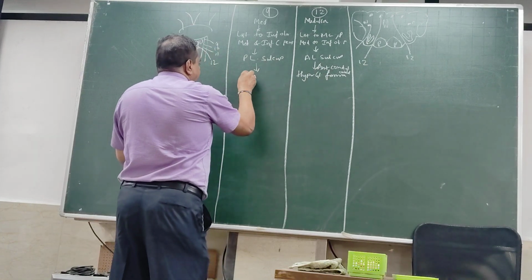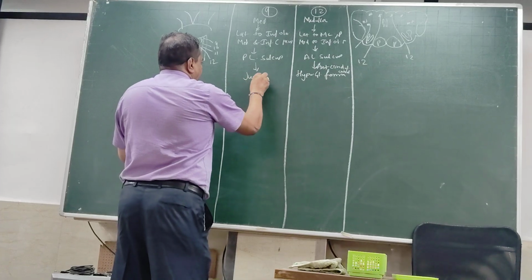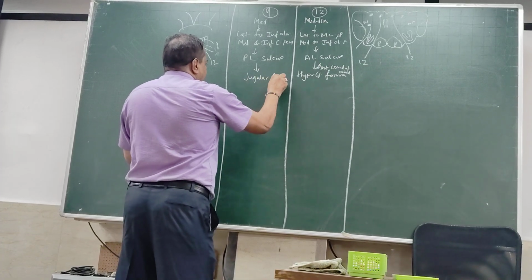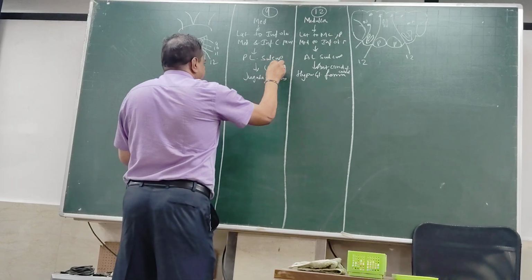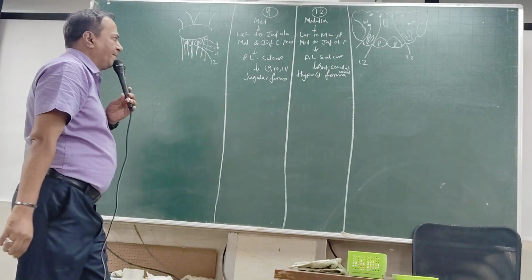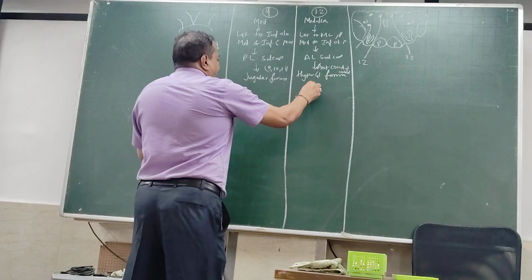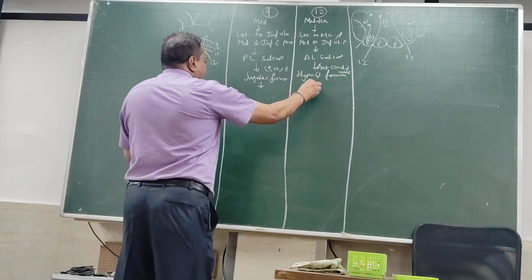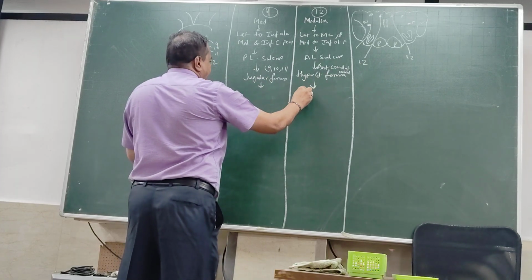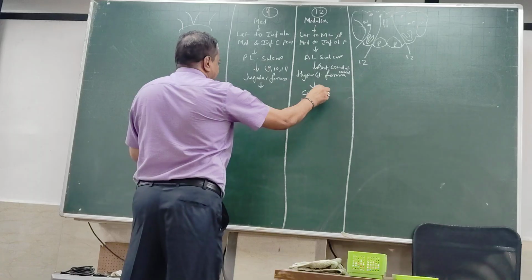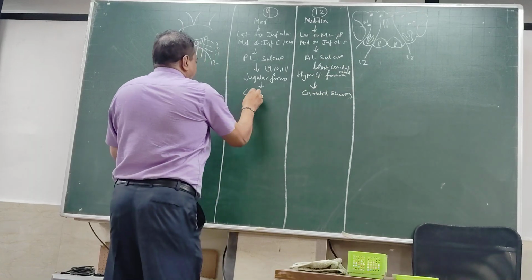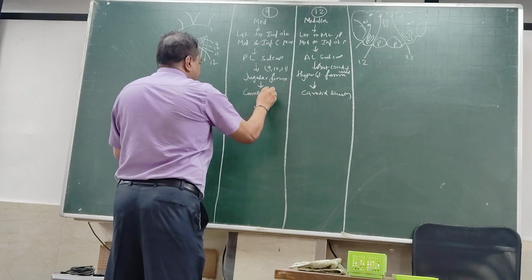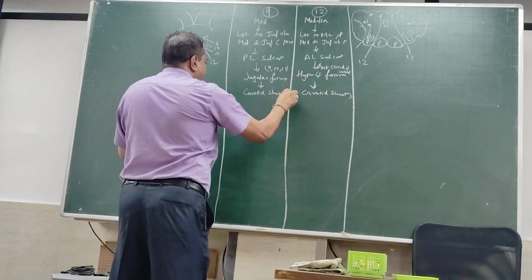The 9th goes through the middle part of the jugular foramen, right? In the middle part of the jugular foramen, 9, 10 and 11 go together. After going through this, both the nerves are in the carotid sheath for some time, and they leave the carotid sheath.